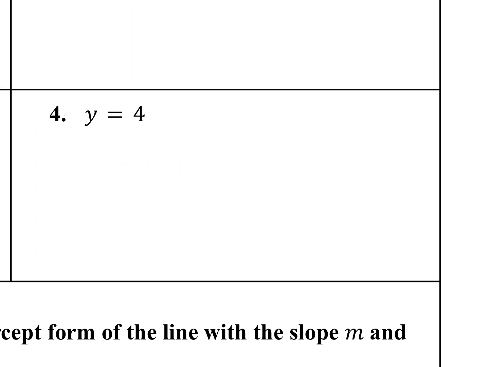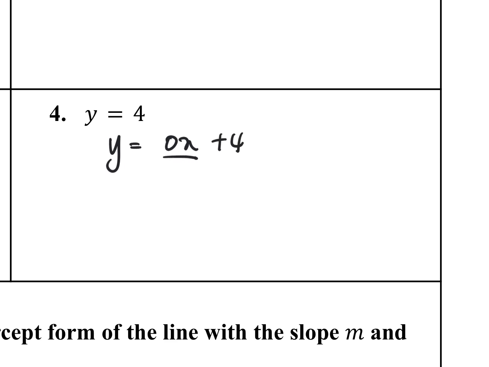Okay, here this is very nice because the full form of this is just written as y is equal to 0x plus 4. Since we don't normally put 0x in an equation or in a function, we just delete it. Therefore, you're going to literally see this one as y is equal to 4 only.